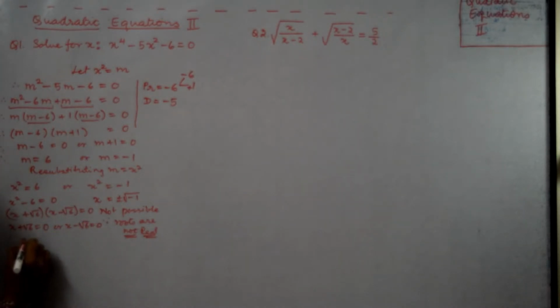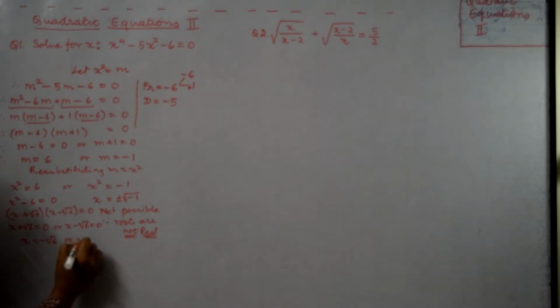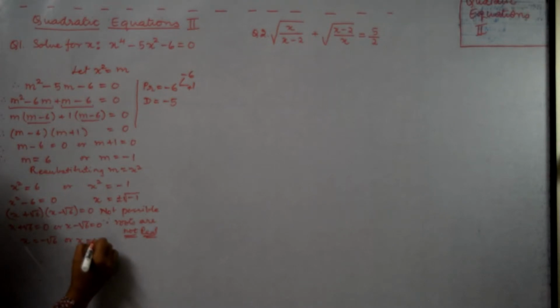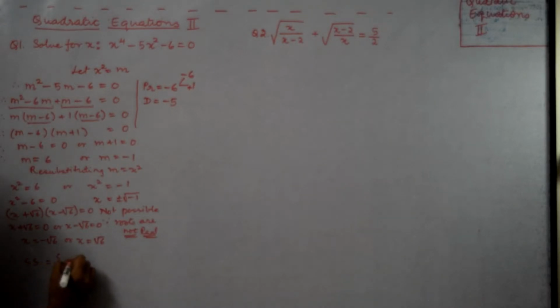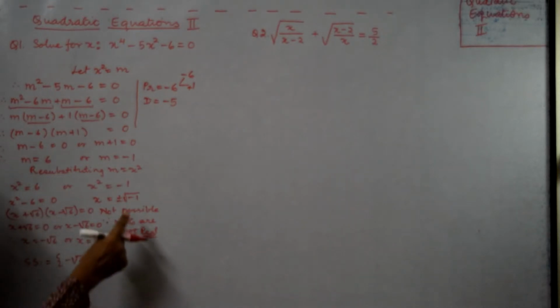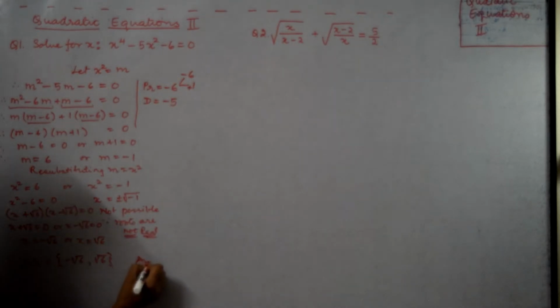That should continue with x equal to minus root 6 or x equal to plus root 6, and therefore our solution set is minus root 6 or root 6. We cannot take these roots because these roots are not real, and that is our answer.